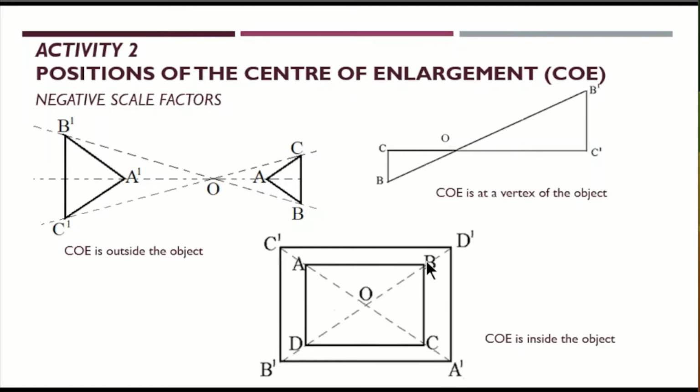Also, B in the object is at the top right corner here, whilst B prime in the image is at the bottom left corner. So this indicates that it is a negative scale factor.